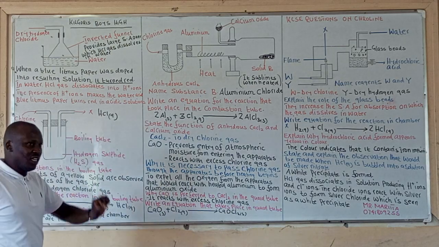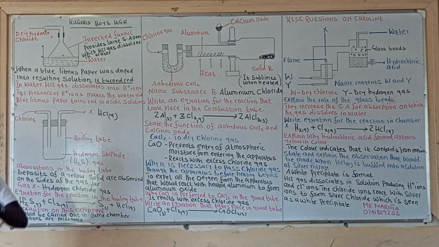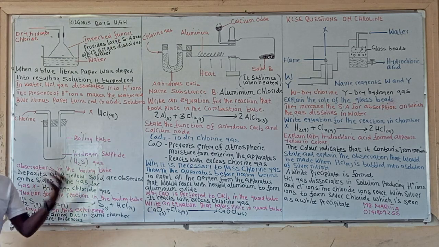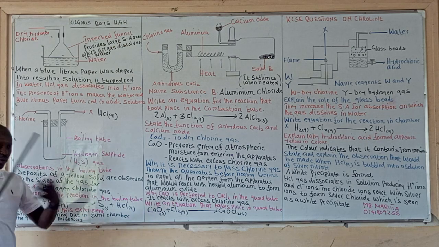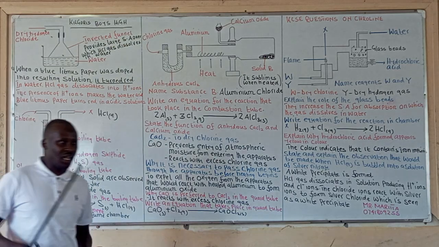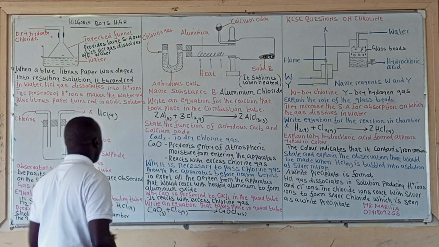The precaution is that the experiment should be carried out in a fume chamber, because the chlorine gas, the hydrogen chloride gas and the hydrogen sulfide gas are poisonous. So the experiment must be carried out in a fume chamber.